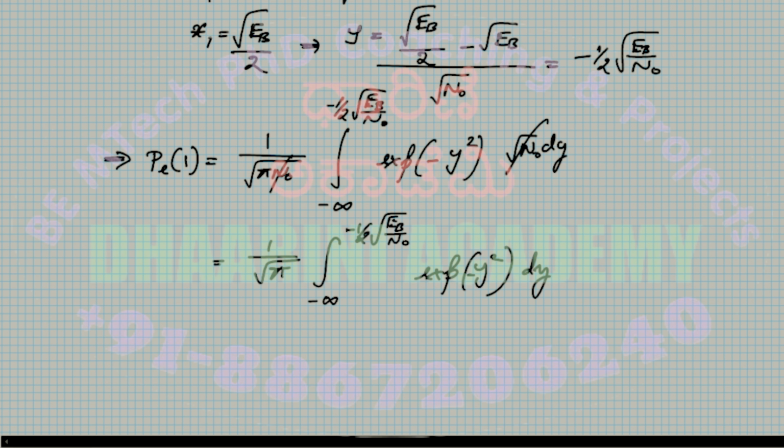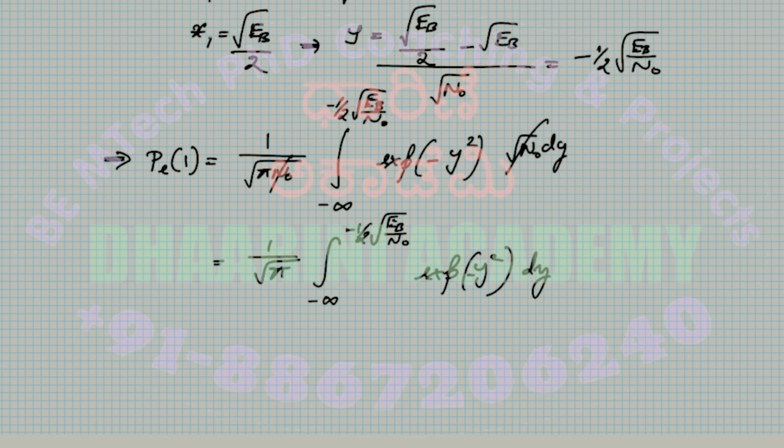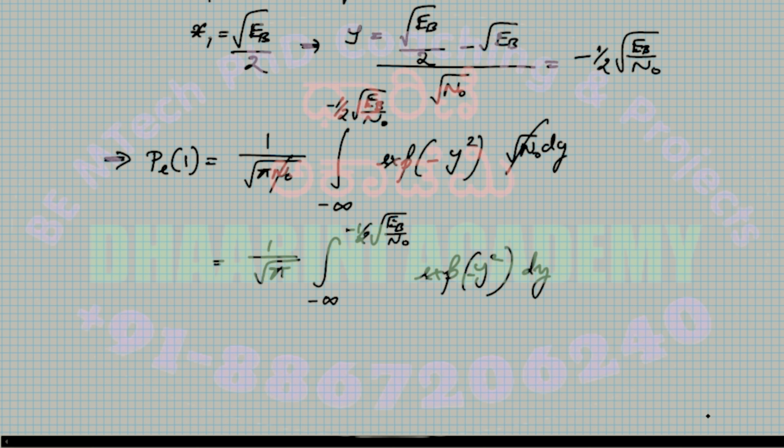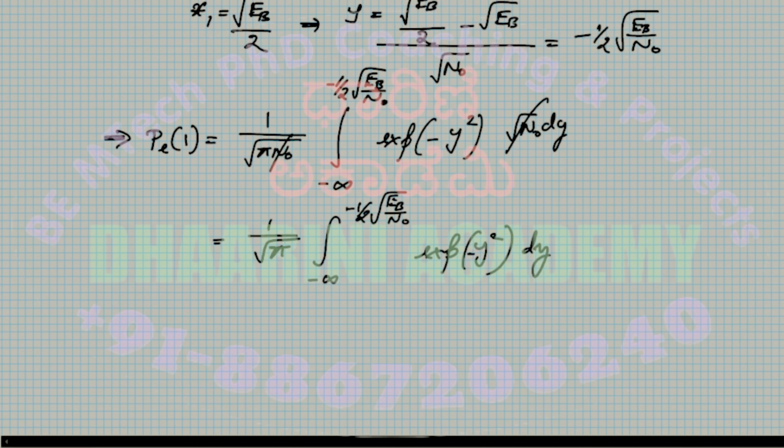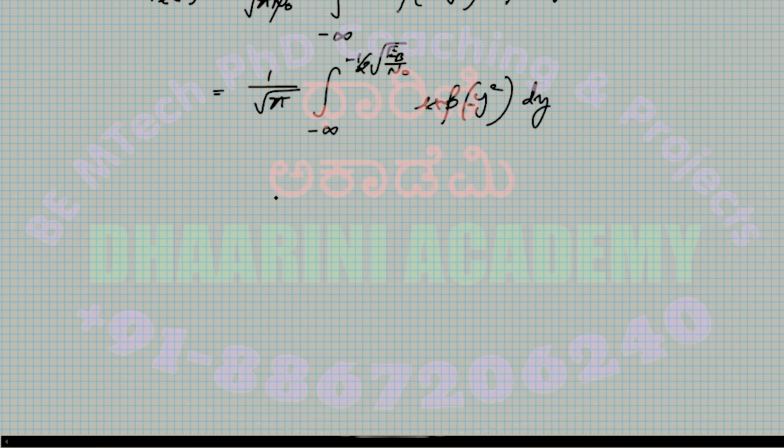Okay, now this is one of the very standard functions called the error function. Anyway, you don't have to solve this. There are some error functions which are standard and predefined.